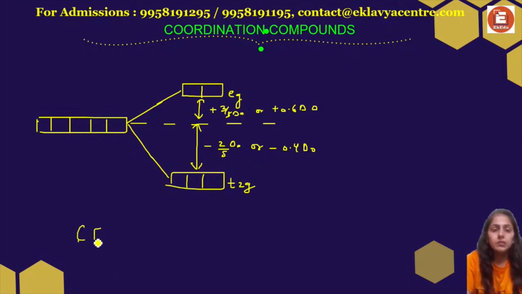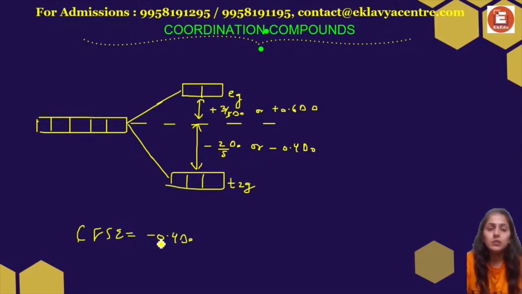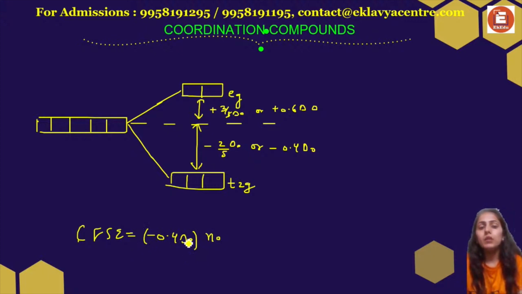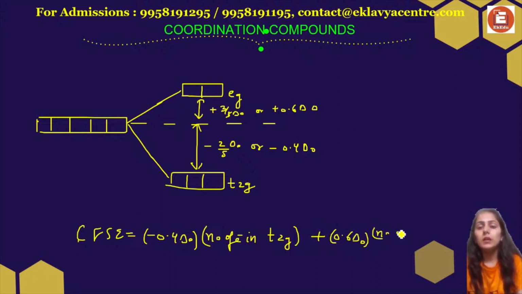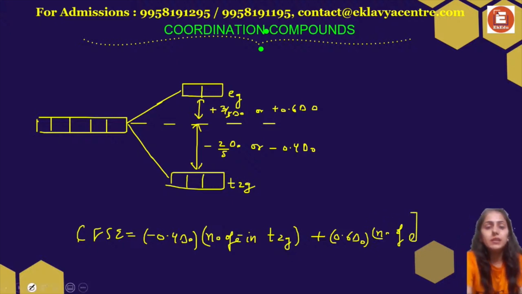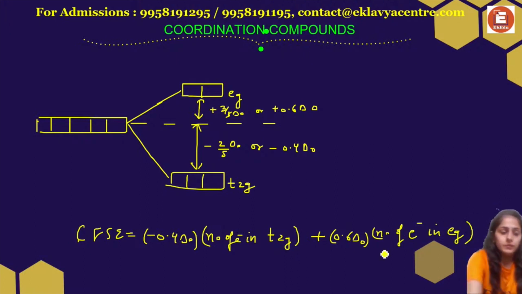Crystal field stabilization energy is equal to minus 0.4 delta O into the number of electrons in T2g, plus 0.6 delta O into the number of electrons in Eg orbital. This is how we find the value of CFSE.